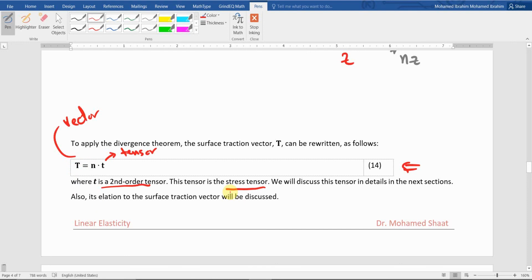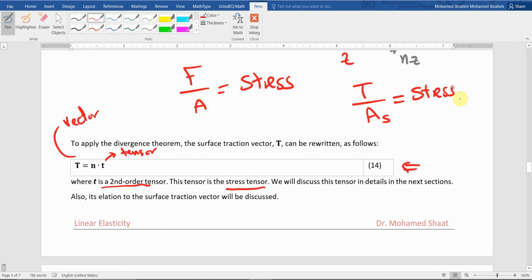Because why? The T is the surface force that acts over the surface. And we know from the mechanics of materials that a force over area gives stress. So if this force is T, which is the surface force, and you divide over the area of the surface, this gives us the stress, but over the surface.